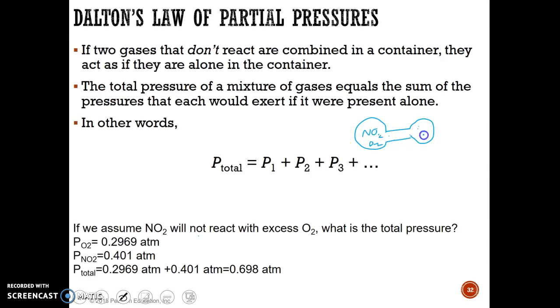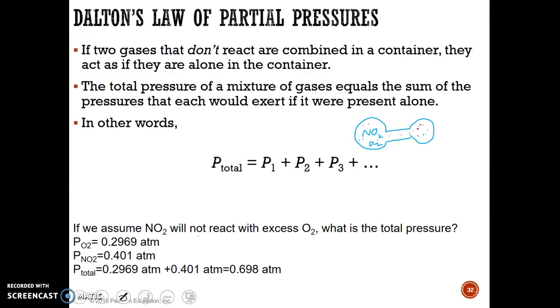And that's everywhere. So we have some NO2 and we have some O2. Each of those are exerting its own pressure, so they're not going to react and form anything else.